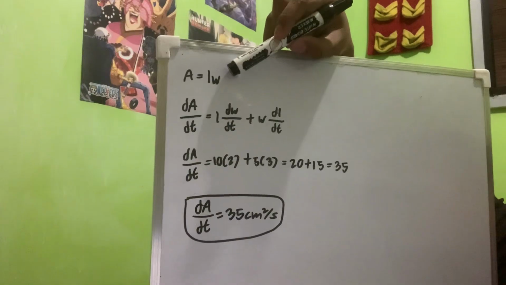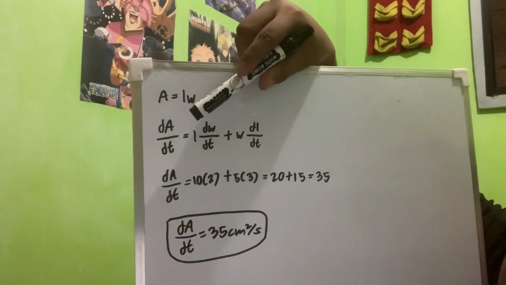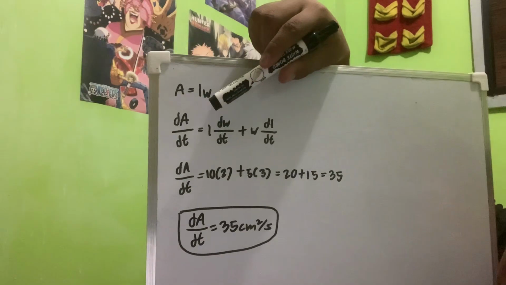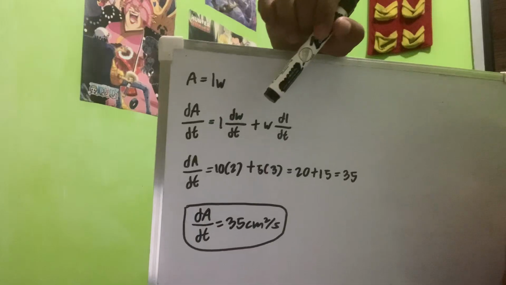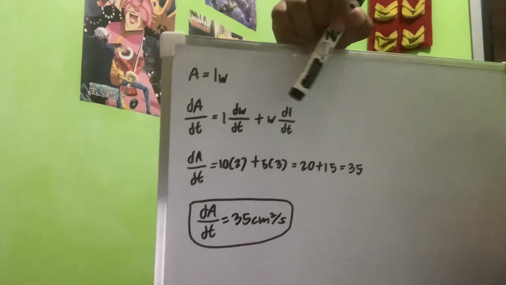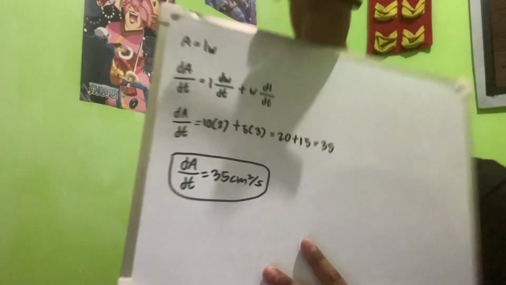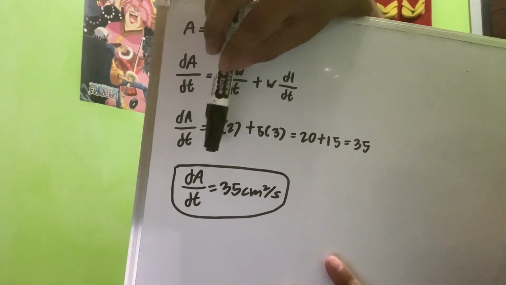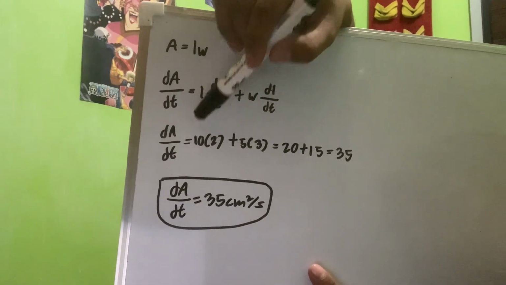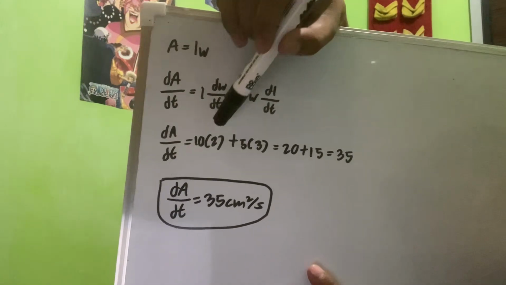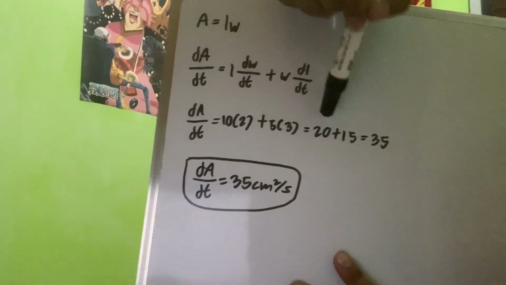So length times width. So dA over dt equals L times dW over dt plus W times dL over dt. So dA over dt equals, L is 10, dW over dt is 2, so 10 times 2 equals 20.